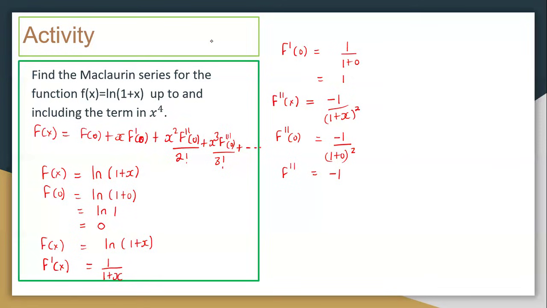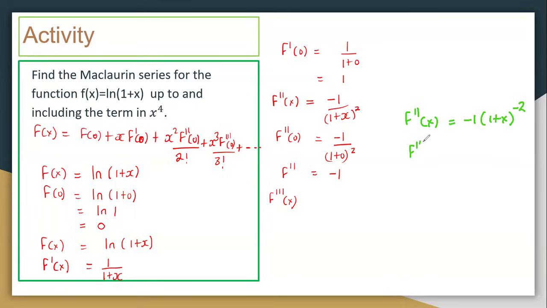So members, can I stick to one rule, chain rule? Is that okay? But use any of your choice. Remember now your f prime prime of x is the same as negative 1 into 1 plus x, everything power negative 2.